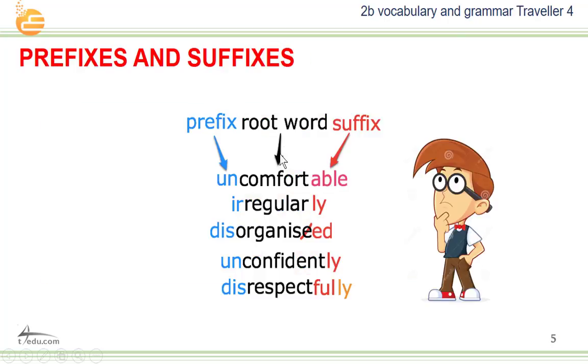Here are more examples. These letters in the black are the root word, and letters in the blue are prefixes, and the letters in pink, orange, and yellow are suffixes, like comfort, uncomfortable, regular, irregular, or irregularly.